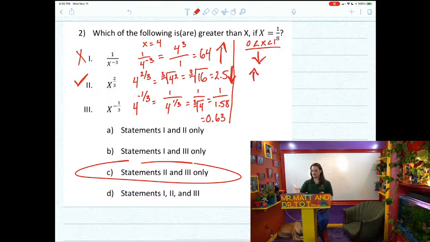So this is definitely a decrease overall. So this is going to be an increase if the number is between 0 and 1. So statement 3 is also true. So your answers here would be statements 2 and 3 only.